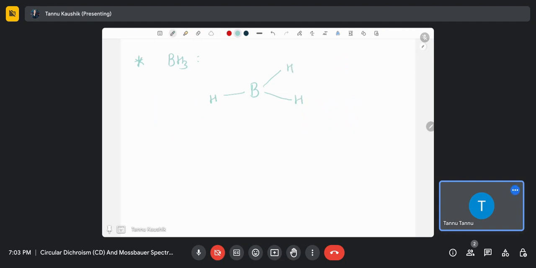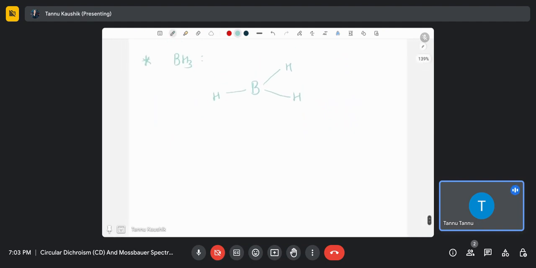Till now we have already discussed how to find out symmetry elements in a group and how we can trace to which point group a particular molecule belongs. That flowchart we have already discussed, so I'm not going into much detail here.